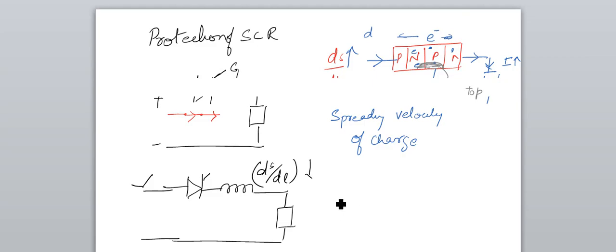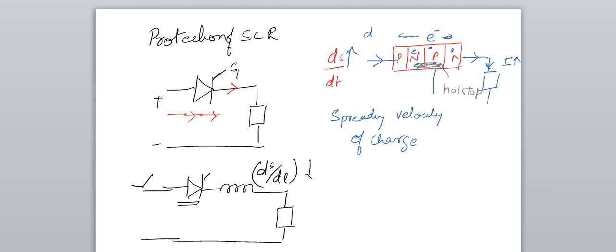Therefore the movement of electrons or spreading velocity can be adjusted and the damage can be avoided. So that is one of the reasons.